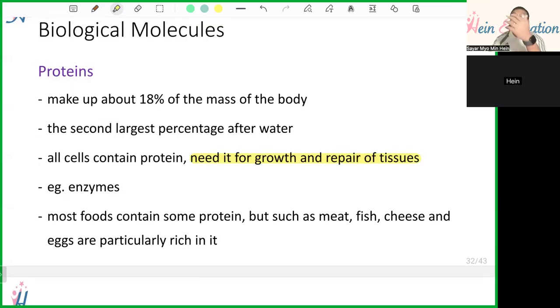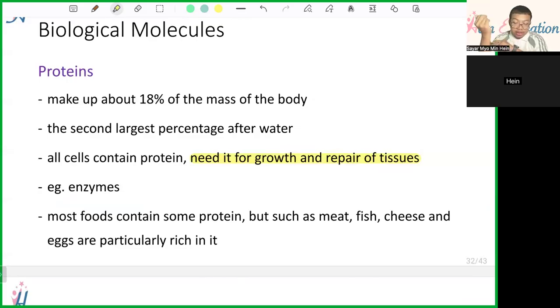So let's review one more time. Carbohydrates are important for energy, right? So for respiration to release energy. Fats and lipids are important for insulation, energy storage, and protecting the internal organs. And proteins are needed for growth and repair of tissue.